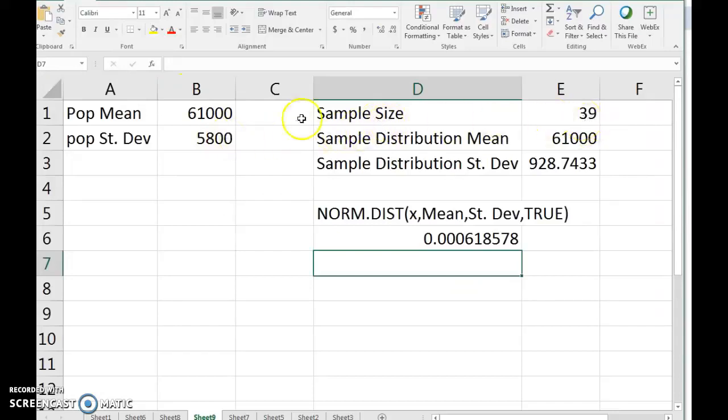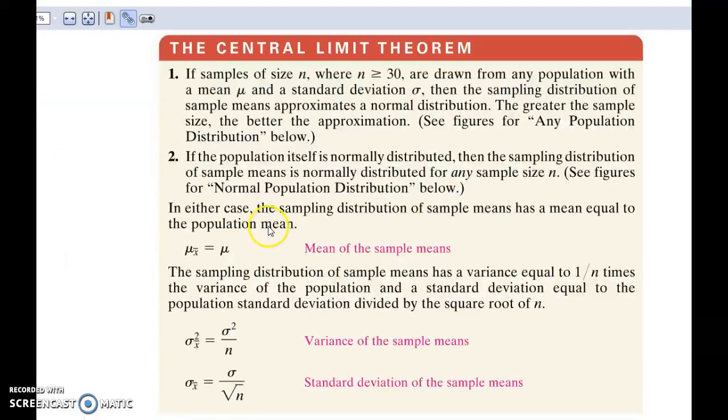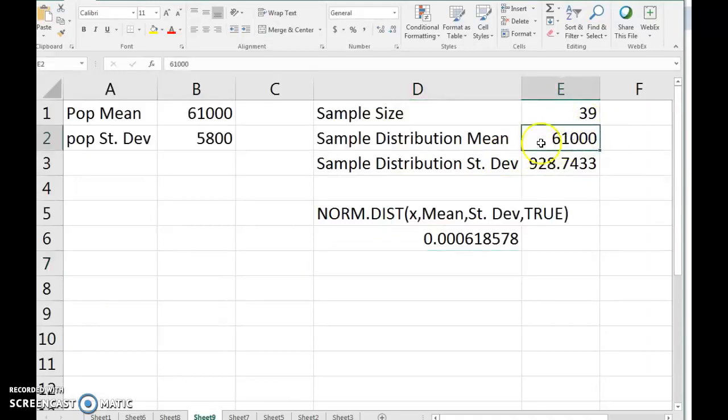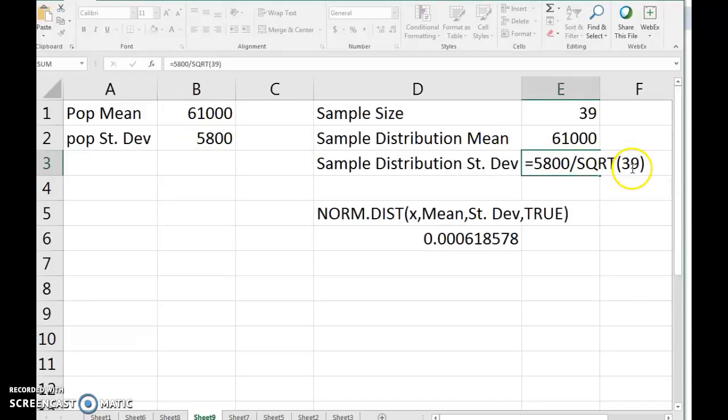Since our sample size is 39, we know from the central limit theorem, since we have a sample size greater than 30, that the distribution of our mean is going to be normal. The mean of the distribution is going to be the same as the population mean, and the standard deviation is going to be the population standard deviation divided by the square root of the sample size.